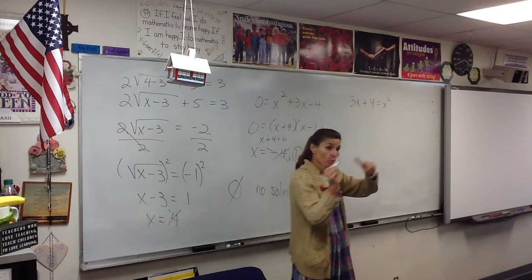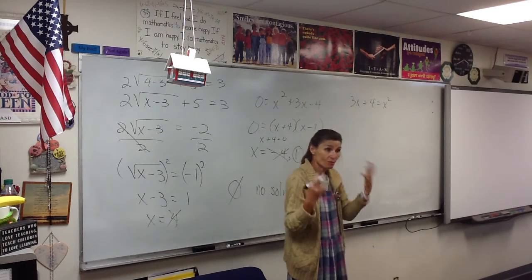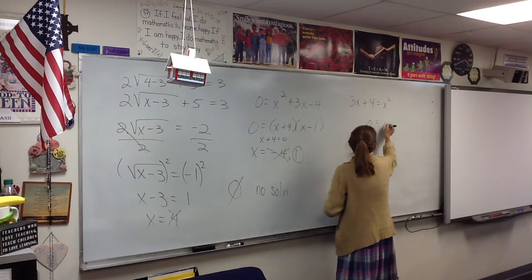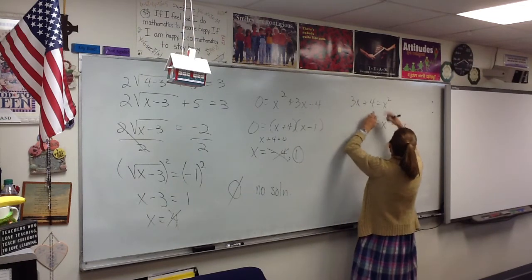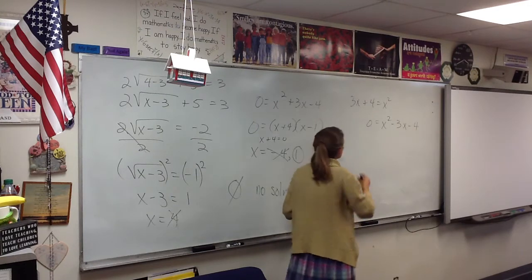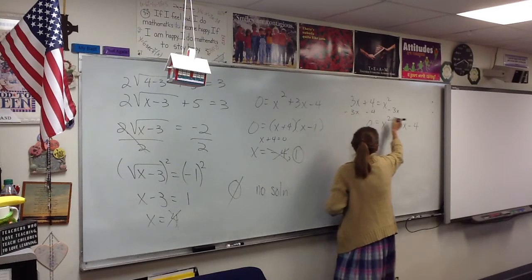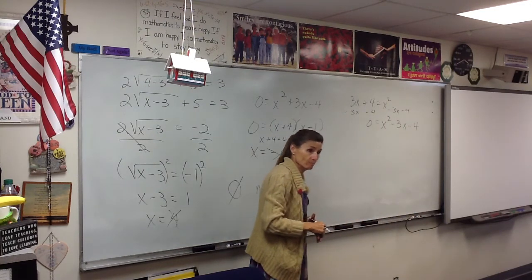It doesn't matter whether you get the 0 on the right or the left, but you've got to get it set equal to 0. I like to keep my x squared positive, so I'm going to leave my x squared there and move over my 3x and move over my 4. So I subtracted 3x from both sides, subtracted 4 from both sides. Now my equation is set equal to 0.